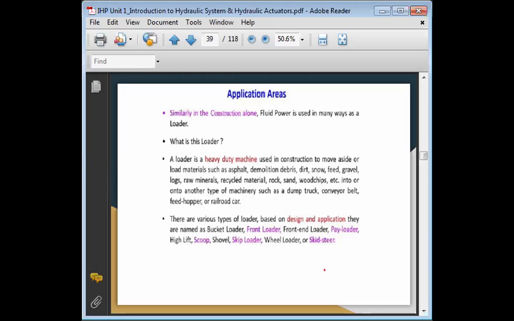In the construction field, this fluid power is used as a loader.